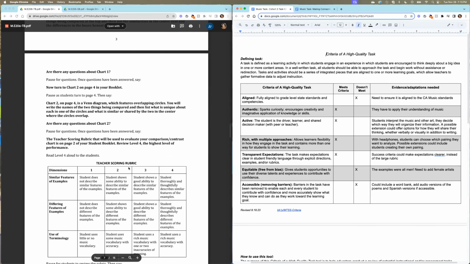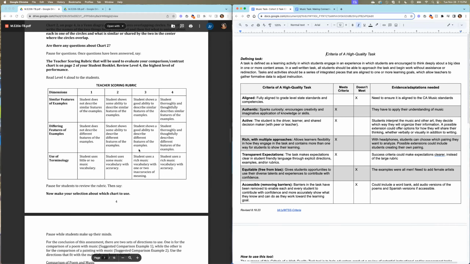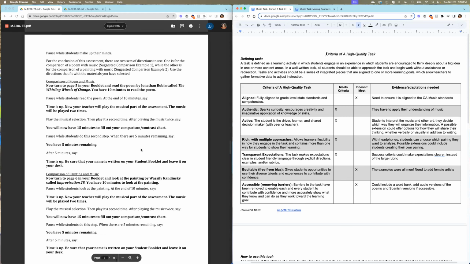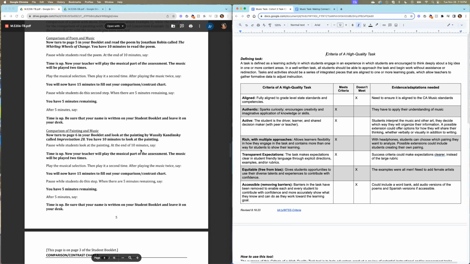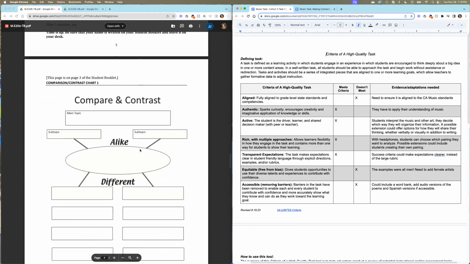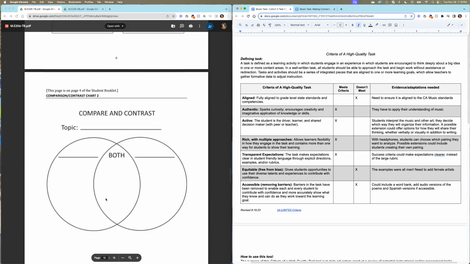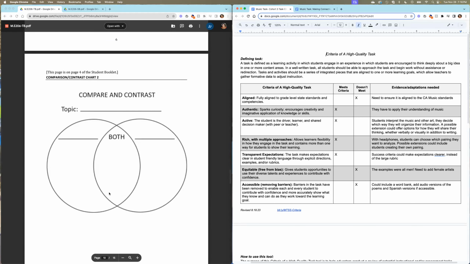There's a rubric that I think is a good foundation for the item as well. And there are tools for students to use, so they can use this version of the compare and contrast that helps them identify some of the things that are alike as well as different, or the standard Venn diagram format.